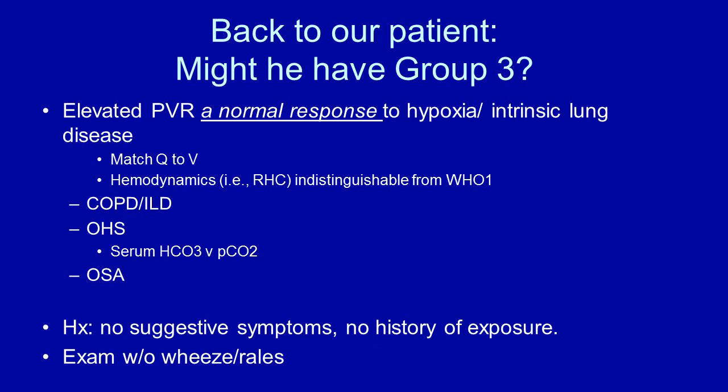As a result, if enough of these arterioles are clamped down, you've increased pulmonary vascular resistance across the entire circuit. And as a result, the hemodynamics at right heart catheterization are indistinguishable from people who have WHO Group 1 disease, or pulmonary arterial hypertension. This elevated pulmonary vascular resistance causing pulmonary hypertension can happen in common diseases like COPD and ILD.